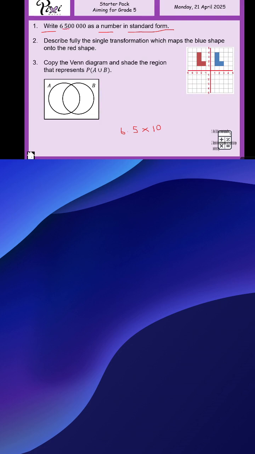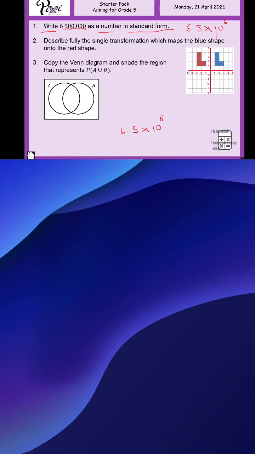We move 1, 2, 3, 4, 5, 6. So it's 10 to the power of 6. If it's positive, then it's a large number. If it's negative, then it's a small number.